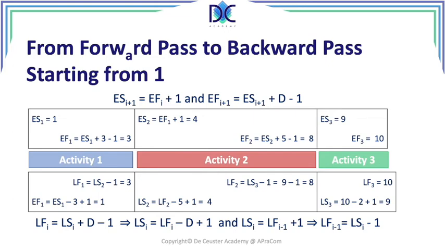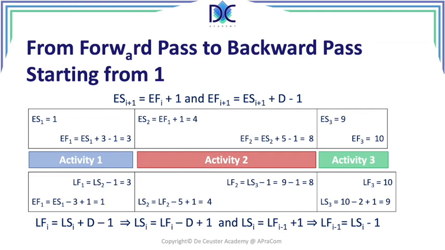So we find similar results as before, for the forward pass and backward pass. We can calculate the slack, it will be the same. And when we look at the results, when we put this in a graph, the graphs are identical. The Gantt chart will show the same levels, the same data.